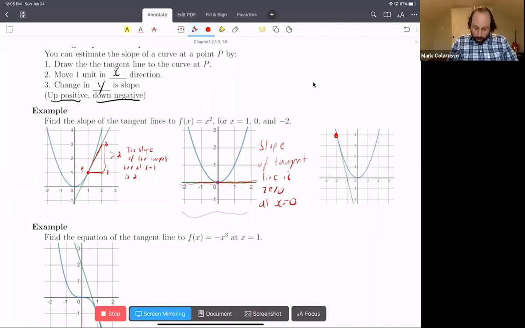If we move 1 unit along the x-axis to the right in the positive direction, we see that the y value along that line drops by 1, 2, 3, 4 units, right? You go from 4 to 0 as you move 1 unit along the positive x direction from -2. So the slope here is -4.